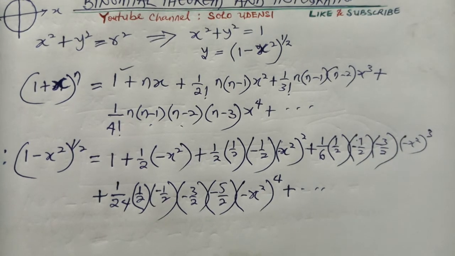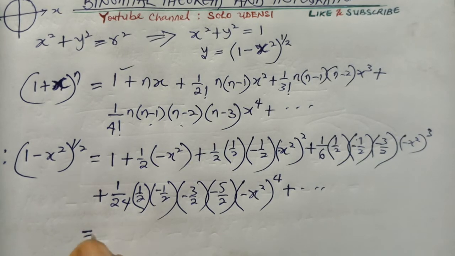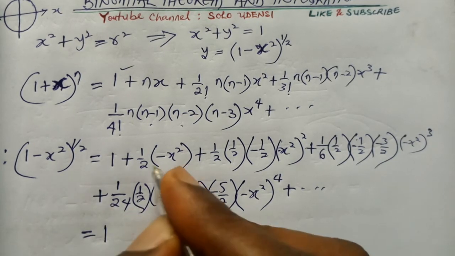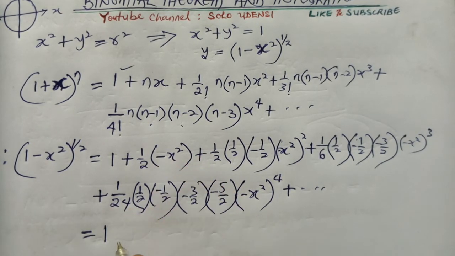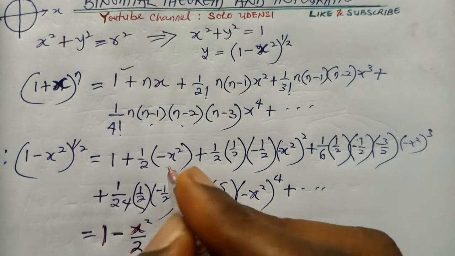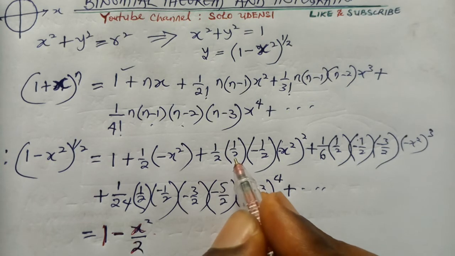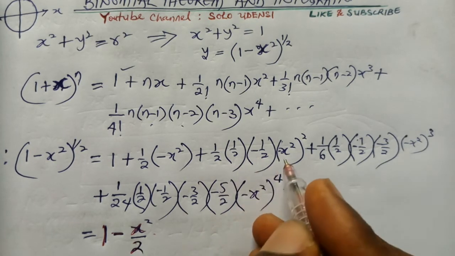So if we now open the whole stuff up, we have that it is equal to 1 minus x squared over 2. This one is plus. Minus minus plus, so it will give us plus.